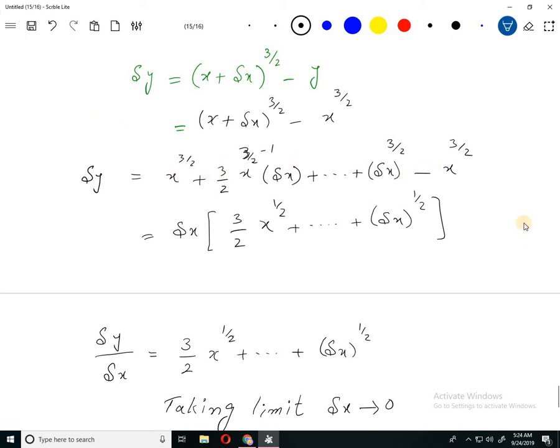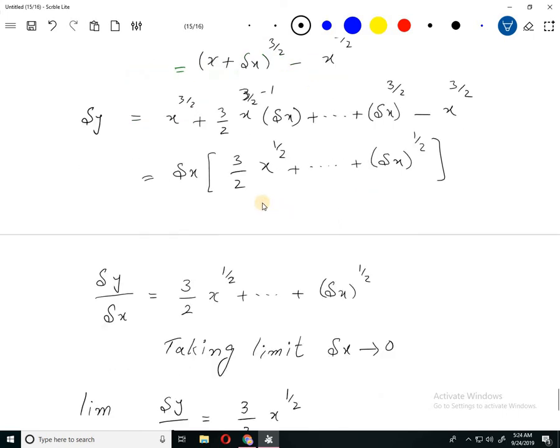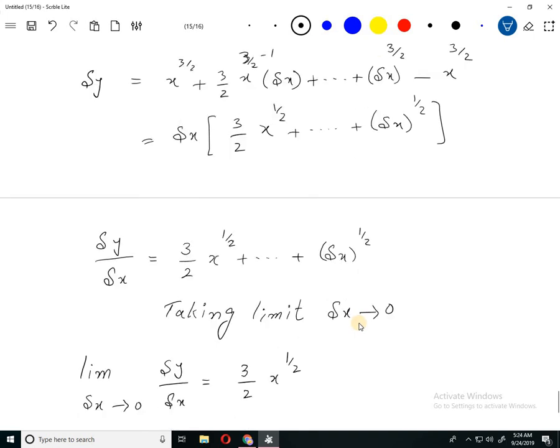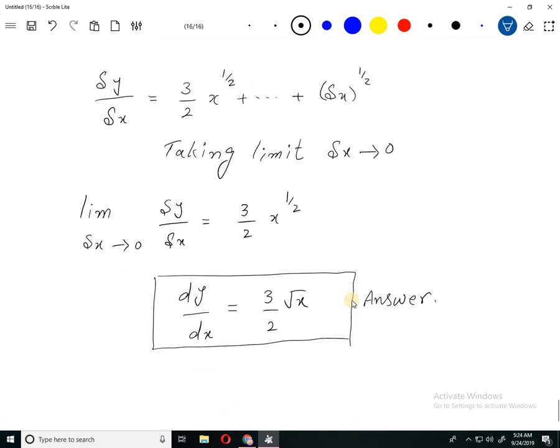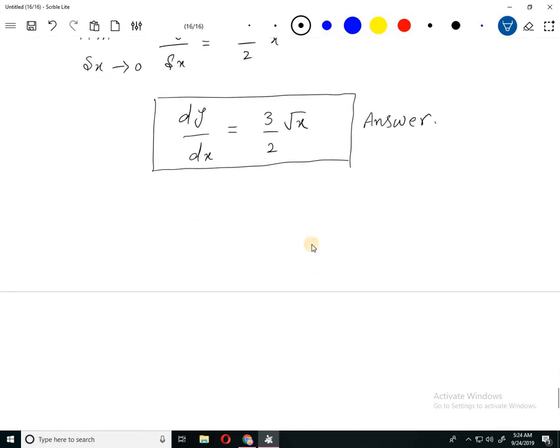This first term and last term cancel out, and I have taken delta x as a common factor from the remaining terms. After dividing by delta x and taking limit as delta x approaches 0, all the terms will cancel out, only the first term will remain. This happens to be our answer.